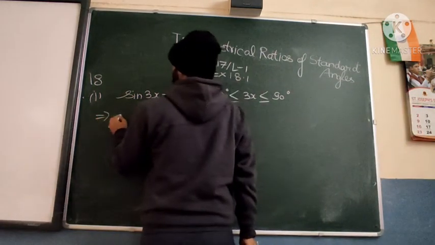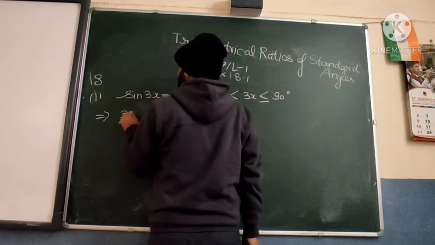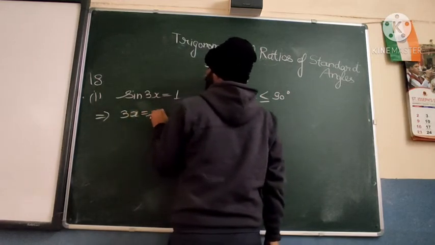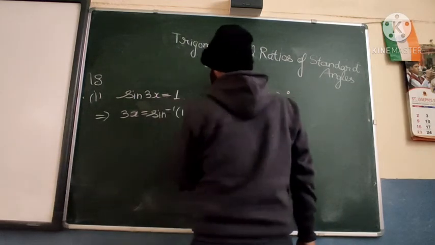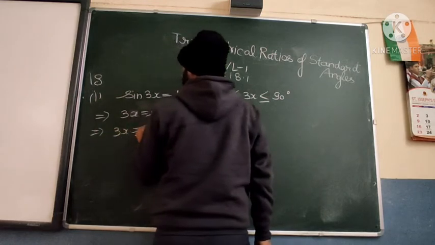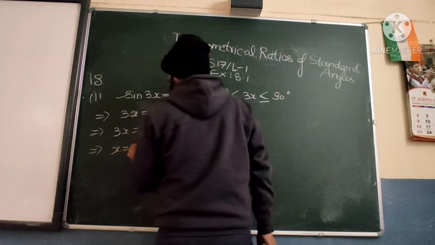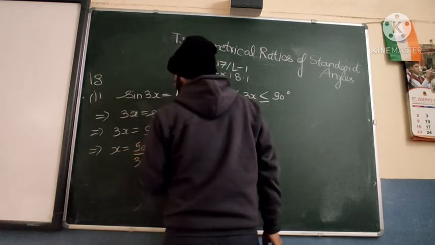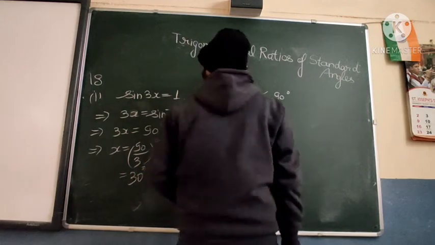This implies that 3x equal to sin inverse 1. That means this implies that 3x equal to 90 degree. This implies that x equal to 90 by 3, that means 30 degree. So the value of x has come 30 degree.